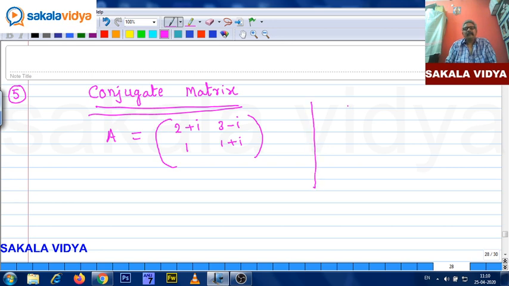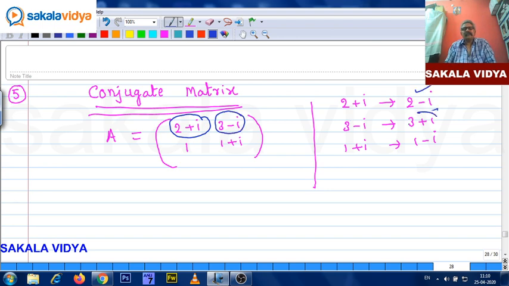The conjugate complex number of 2 plus i is 2 minus i. The conjugate of 3 minus i is 3 plus i. The conjugate of 1 plus i is 1 minus i. If you replace each element with its conjugate, the conjugate for 1 is 1 only, you get a new matrix.